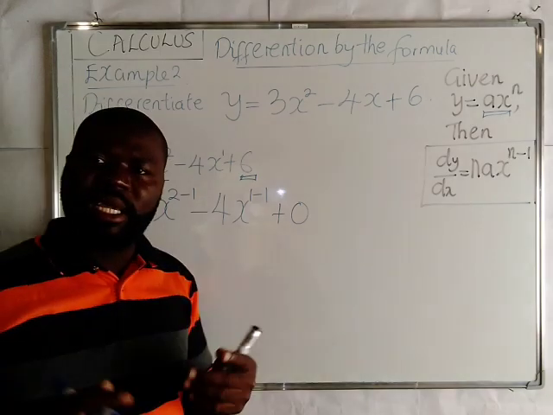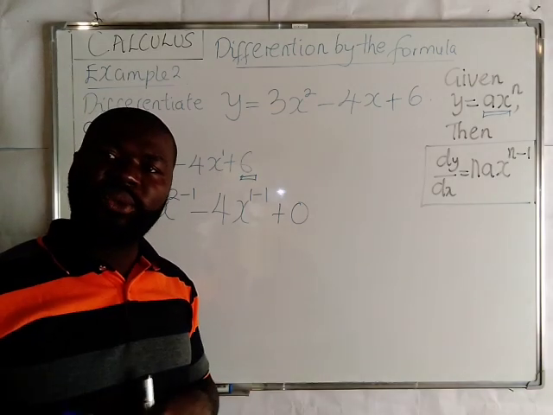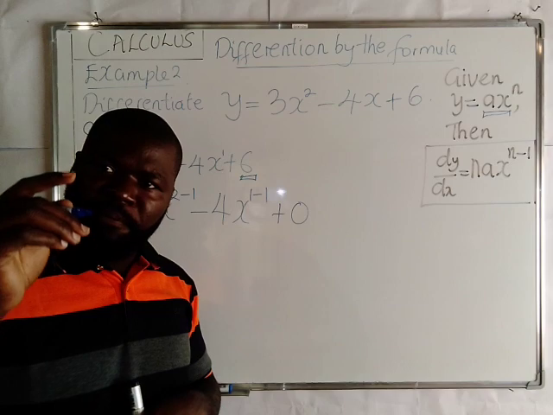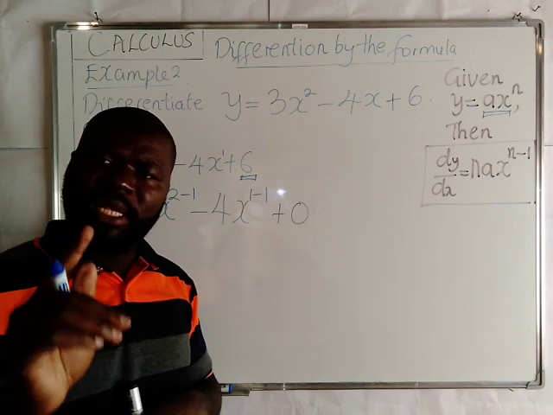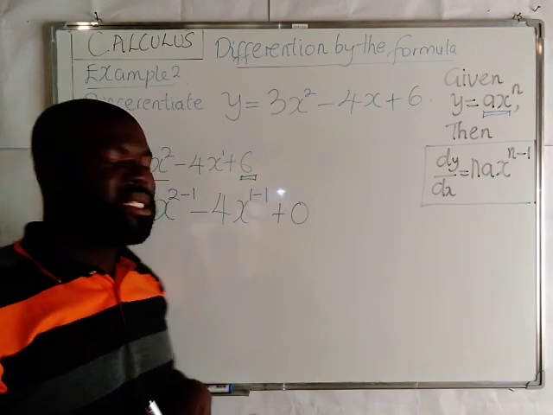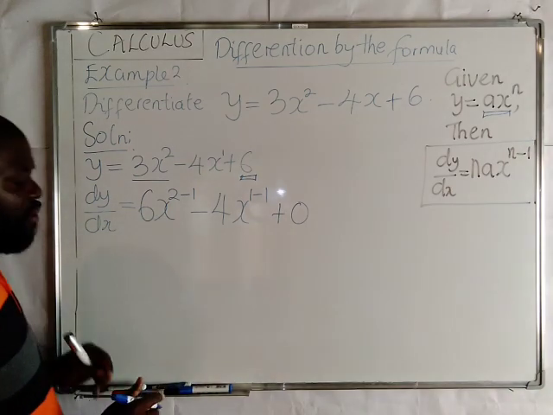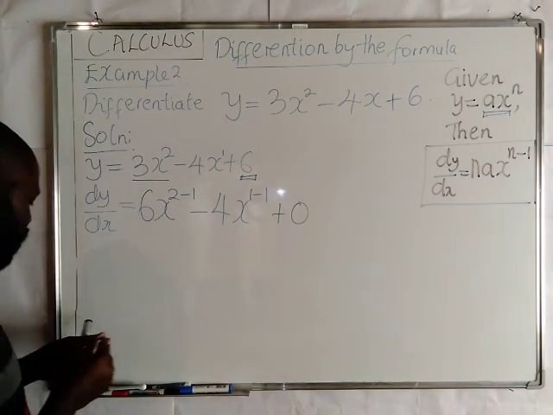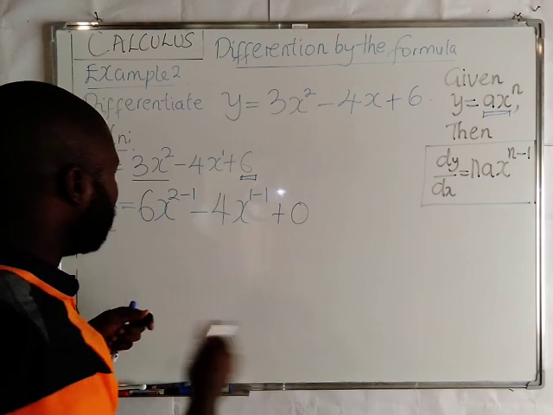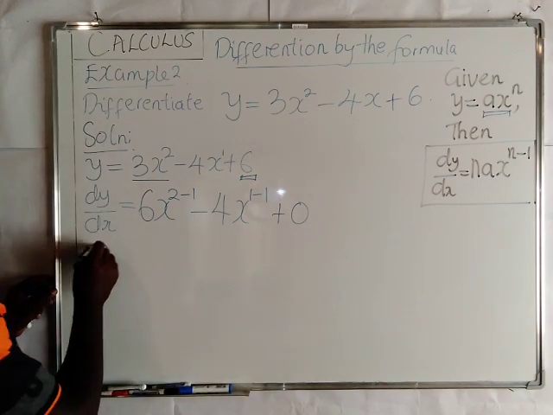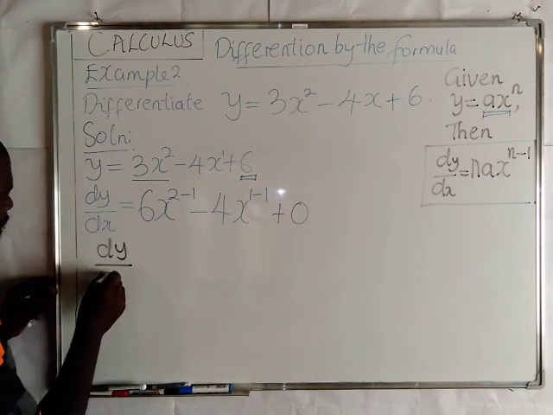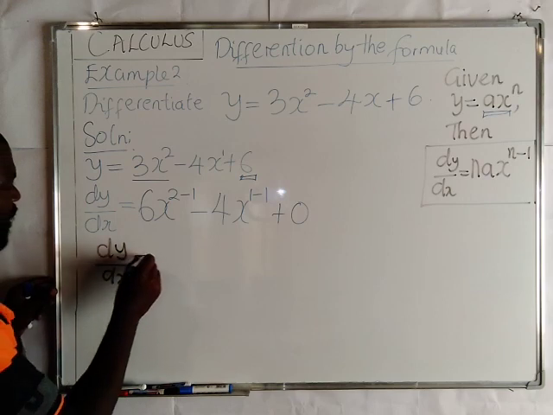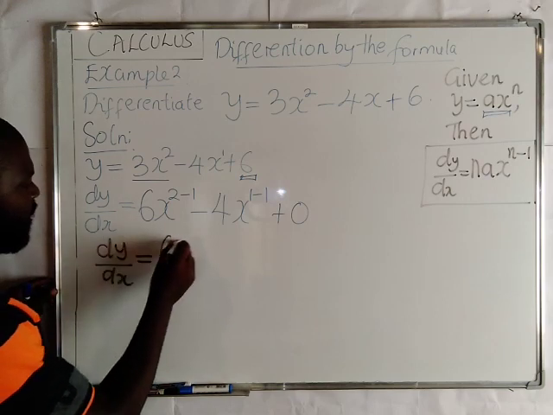So that's why I said earlier that we need to apply the formula on each and every one of the terms. We have applied the formula everywhere there, so that our final answer would be dy dx is equal to 6x.